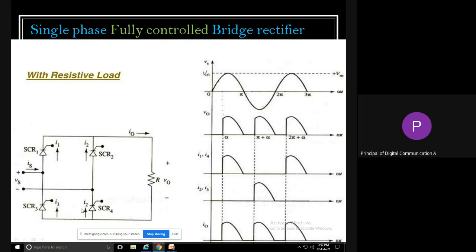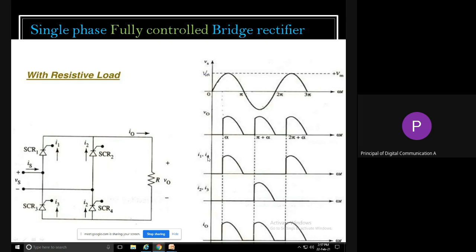Something is missed out in this diagram. I1 and I4 means here, if you are able to see the cursor, SCR4, that is this I4. So this diagram is wrong, so please take a note and check it accordingly. So it is I4.